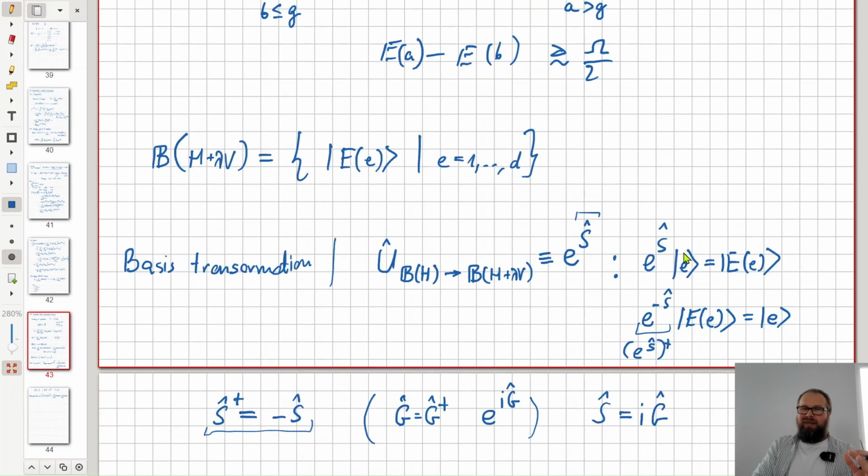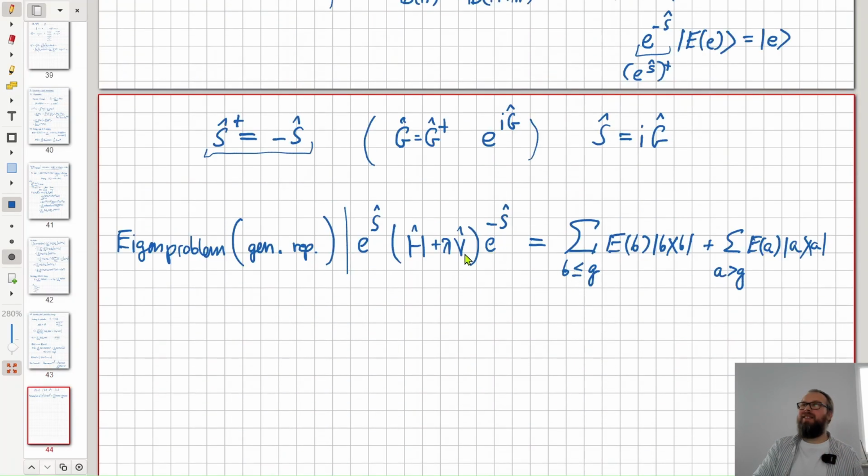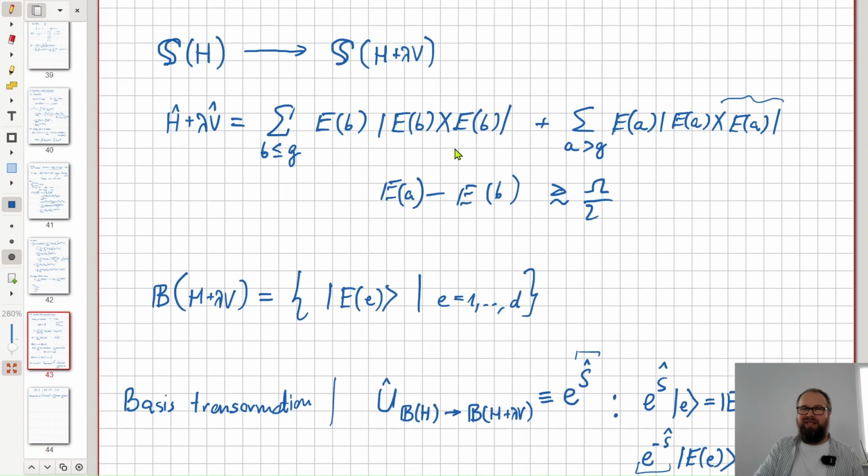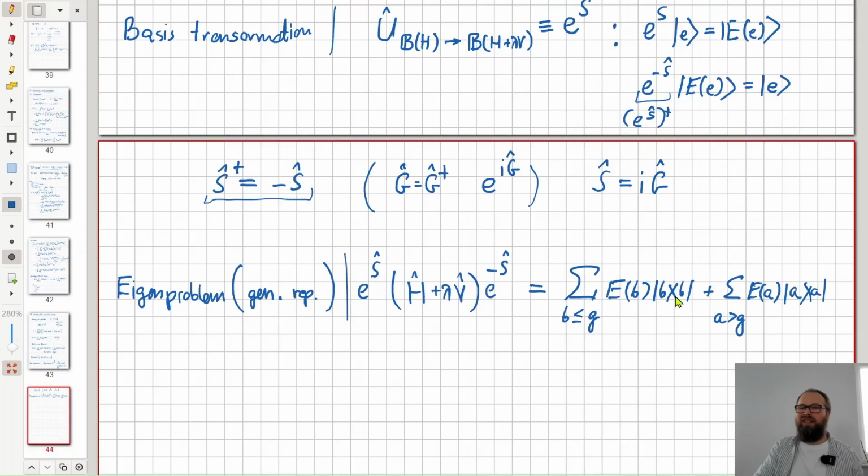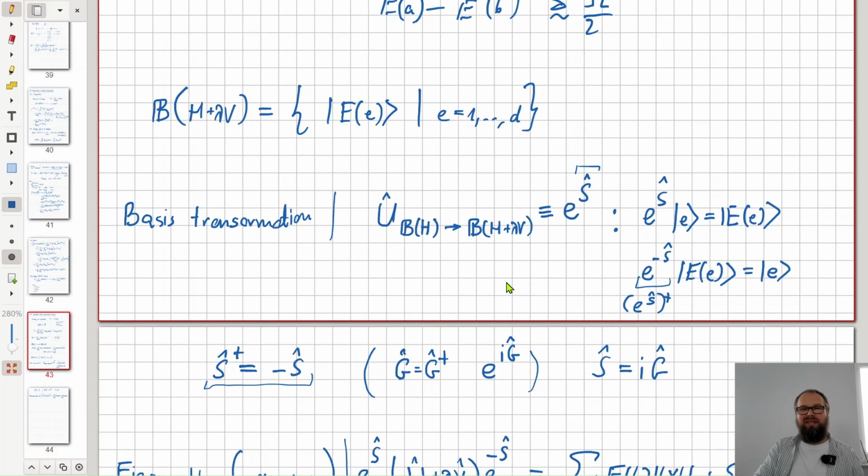And now we say there is a transformation that takes us from the perturbed eigenvectors to unperturbed, and we just applied it here. So if you put the perturbed here, it will bring us here.